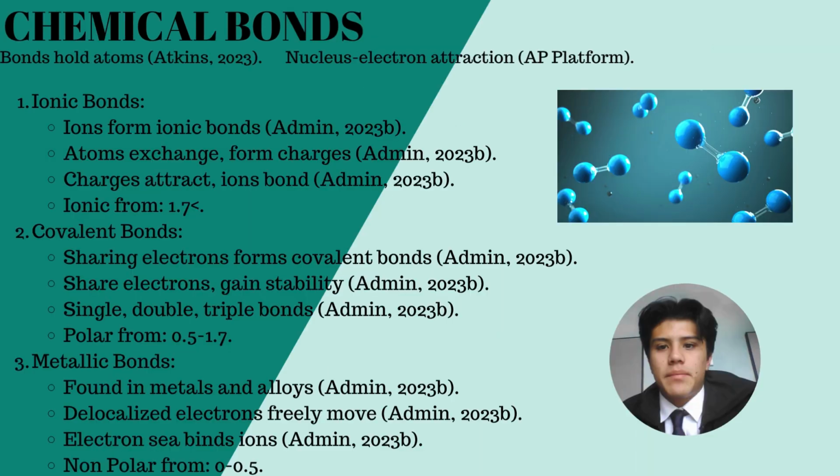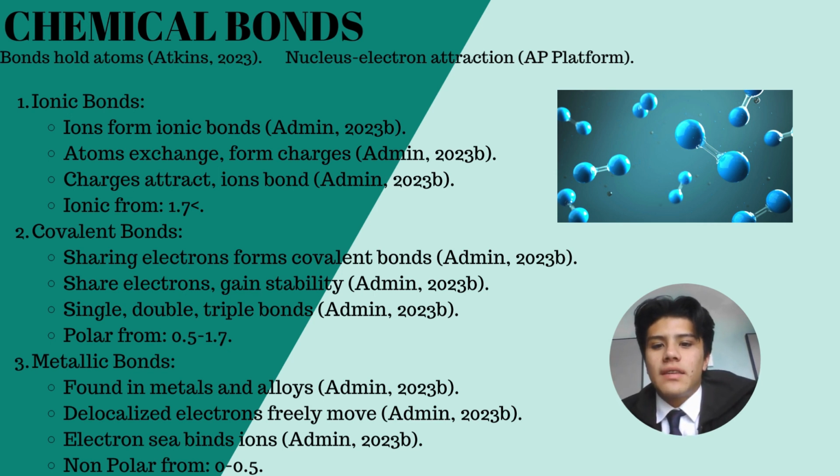Chemical bonds. Chemical bonds are forces that hold atoms together in molecules, and are the attraction between the nucleus of one atom and the electrons of another. There are three types, mainly ionic bonds formed between ions, charged particles.